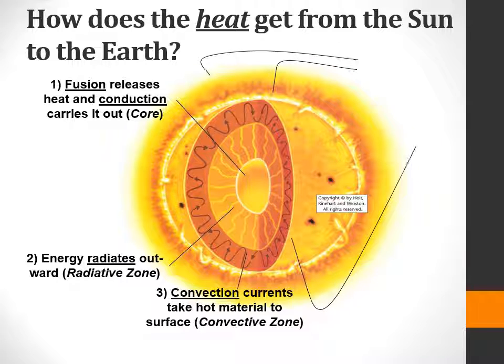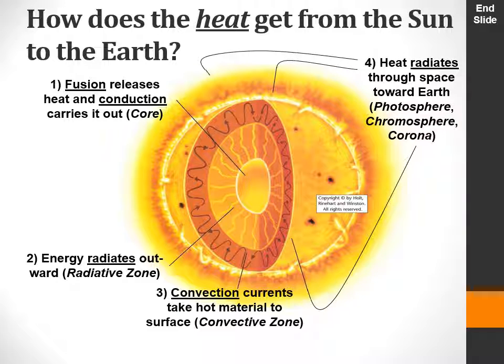And then the last three layers. This layer right here is the photosphere, which is essentially where the light from the sun comes from. The chromosphere is the layer where hydrogen releases some of that redness, mixing in with the light from the photosphere to give the sun its color.